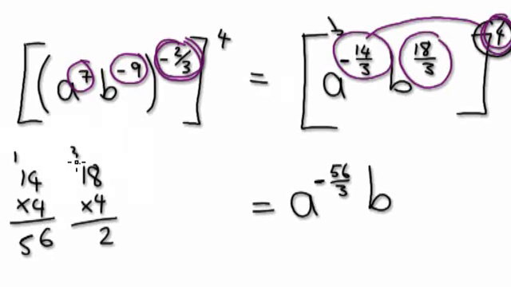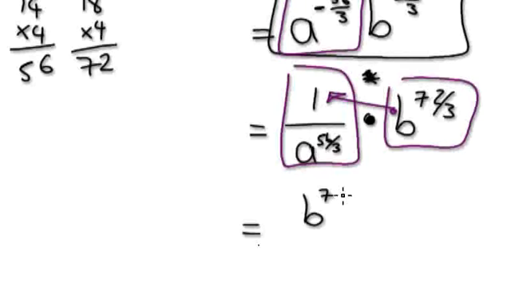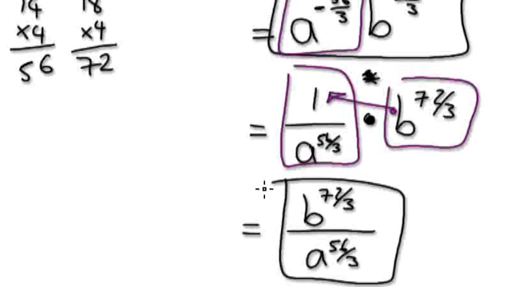This one here, 72 over 3. Now you've got this thing here times a fraction, so it will get multiplied to the top. Okay, so it will become b to the power of 72 over 3 over a to the power of 56 over 3. So this will be your answer.